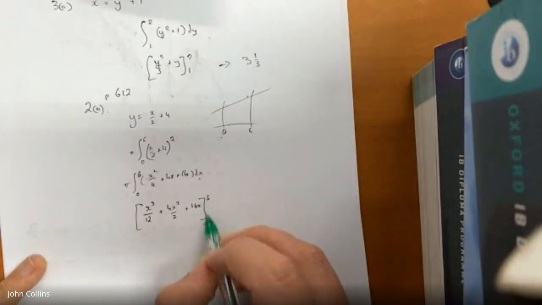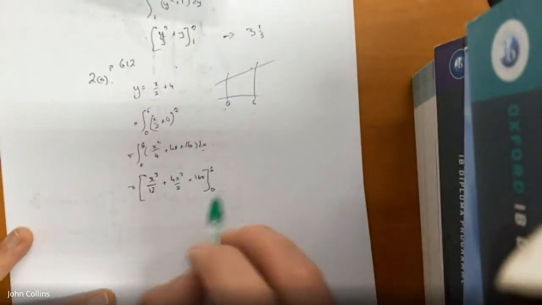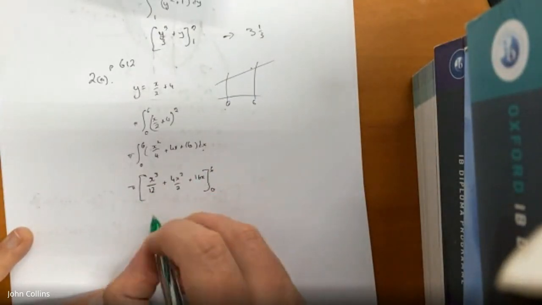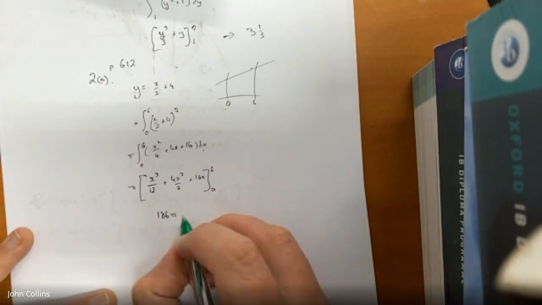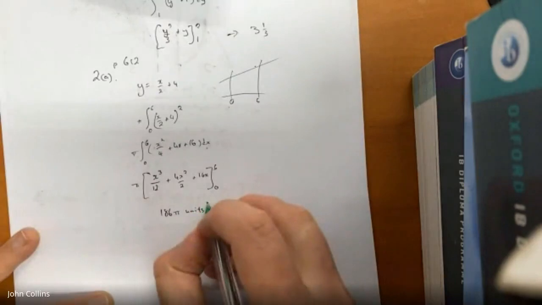And now that's between 6 and 0, and you can multiply by pi afterwards. Sub in 6 and take away nothing. So you end up with, I think, when you sub in 6, 186 pi units cubed volume. Is that okay? Yeah, that's what I got.